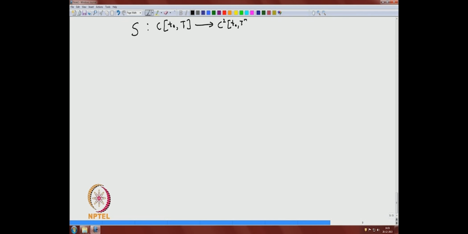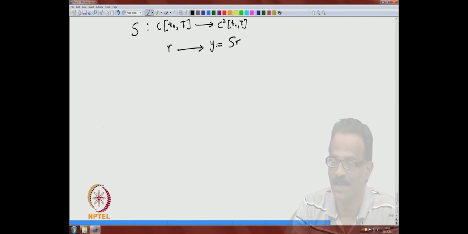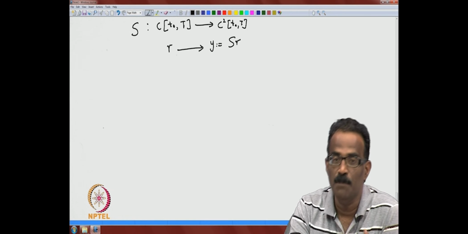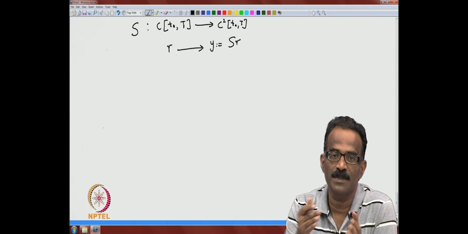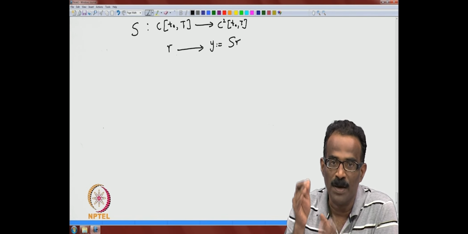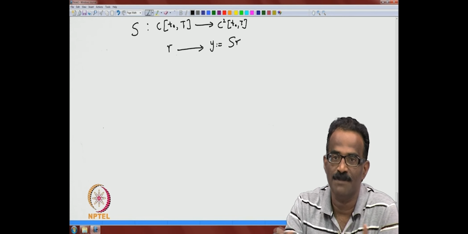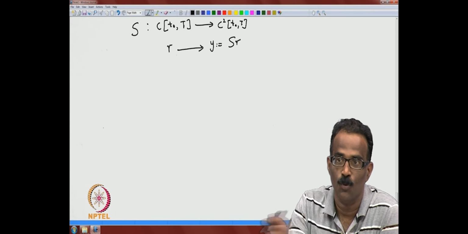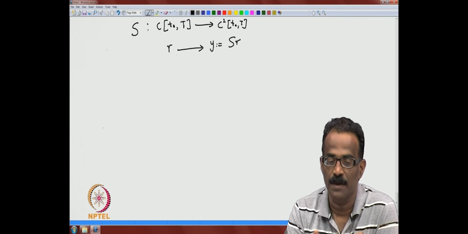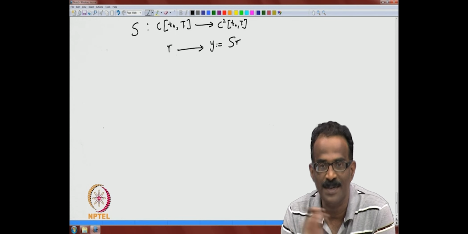Given R, you are finding the solution y, which is nothing but S R. So, if you put initial conditions y of 0 equal to 0, y prime of 0 equal to 0, this S will be linear. If you put other conditions, you will not get linearity, but that is okay.